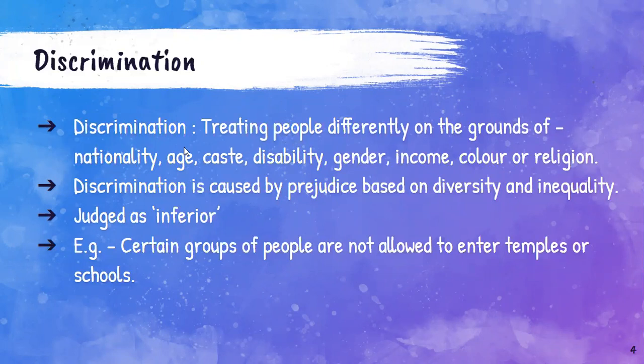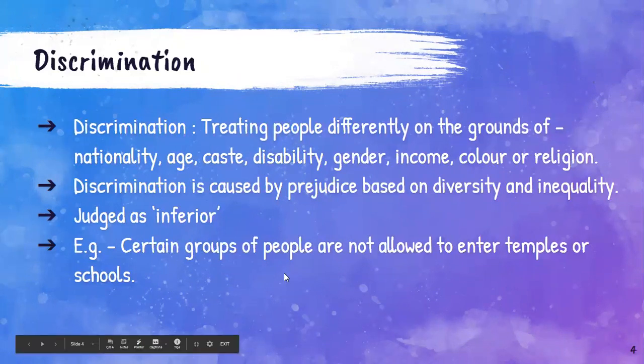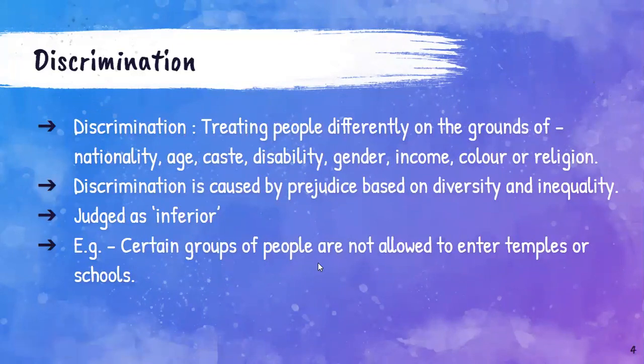discrimination. Now, for example, students, we were studying about the caste system in our previous classes, if you recall, right? Wherein we were talking about how certain groups of people are not allowed and are discriminated against. So when I say discriminated against, what do I mean? Discrimination means bhedbhav.